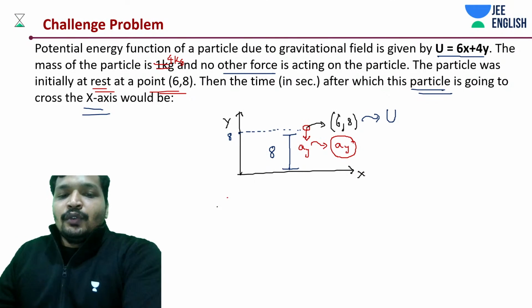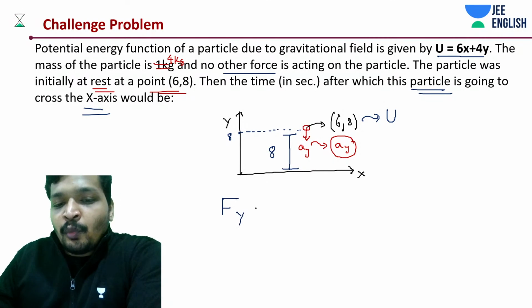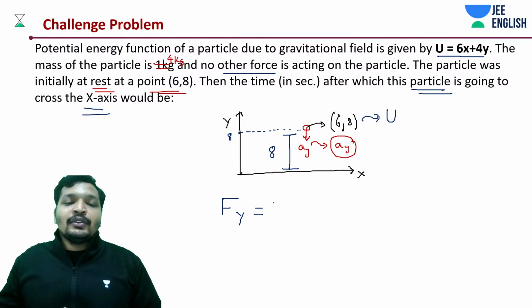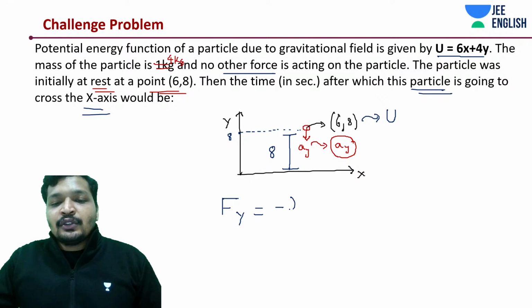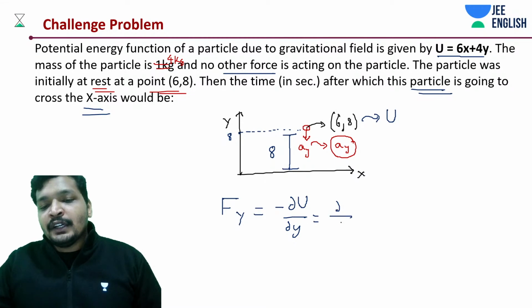So this is how it works. Force along y direction, that is the only thing that we are concerned about. We are not concerned about the x direction acceleration or x direction force. So that's going to be minus dU by dy. You have a function and you need to differentiate this function with respect to y. What is that function? That is 6x plus 4y.